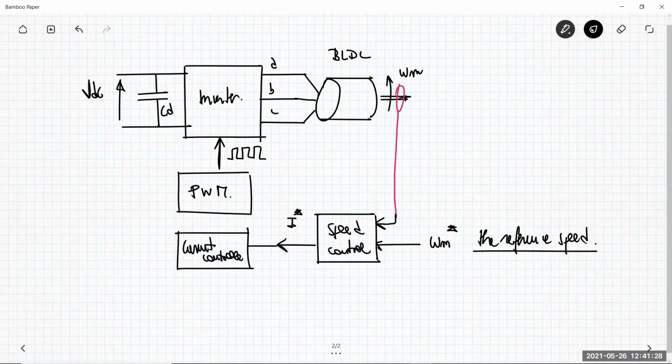The current controller has this reference here, and so inside the current controller we have to compare this reference current with the current that flows through the phase.